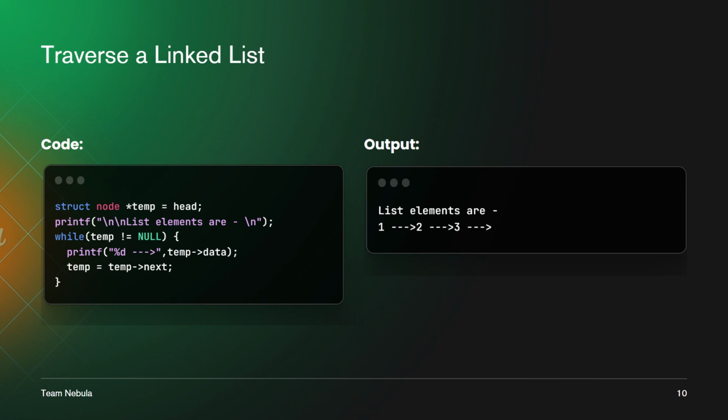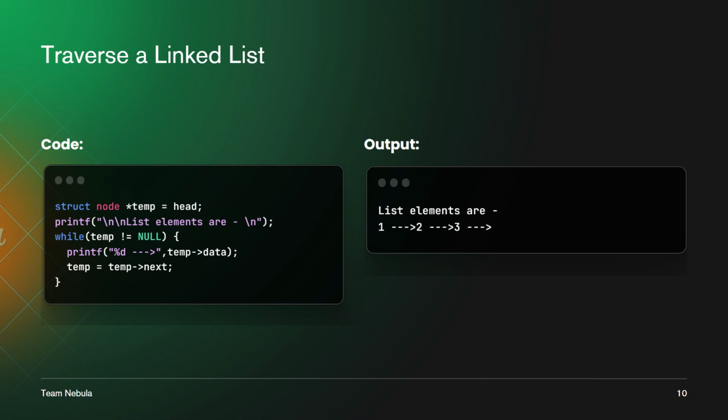Now, let's look at a piece of code that does this. This C++ code segment initializes a pointer temp to the head of a linked list. Then it iterates through the list using a while loop. Inside the loop, it prints the data of each node followed by an arrow as a separator and updates the temp pointer to the next node.